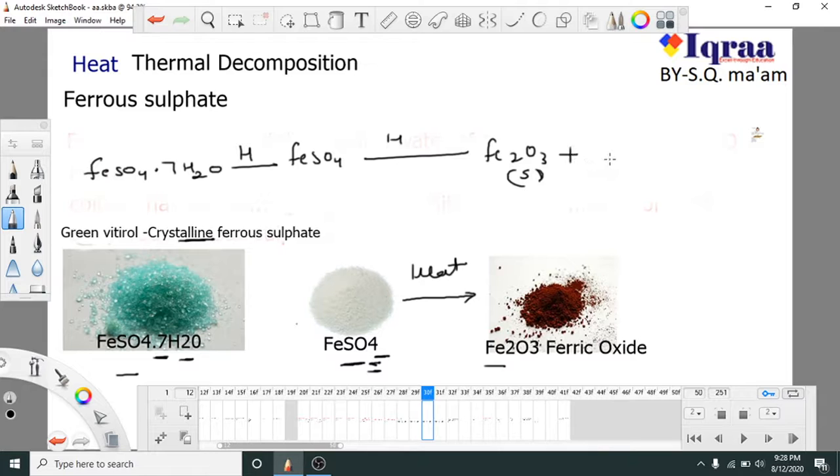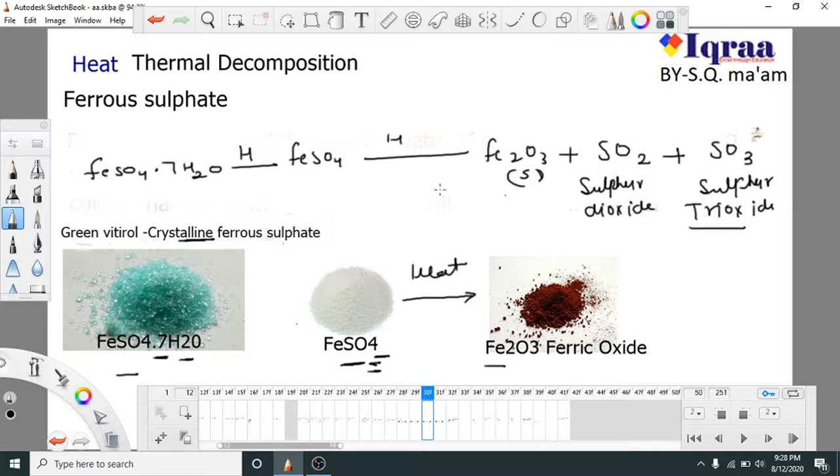It will also form SO2, which is sulfur dioxide, and with these two products it is also forming SO3, which is sulfur trioxide. So this is finally our reaction. Ferrous sulfate, which is solid and white in color, when we heat this it will form ferric oxide, which is red in color.